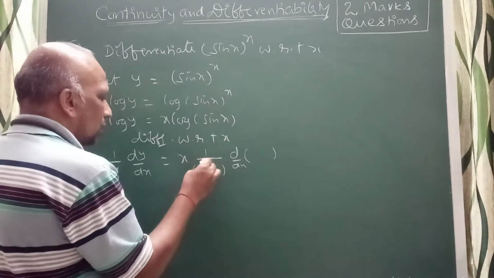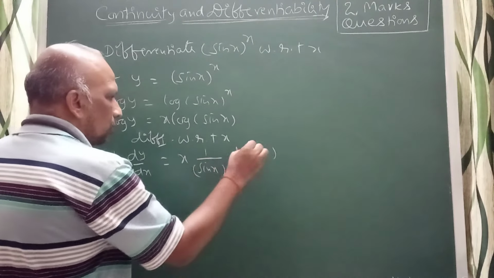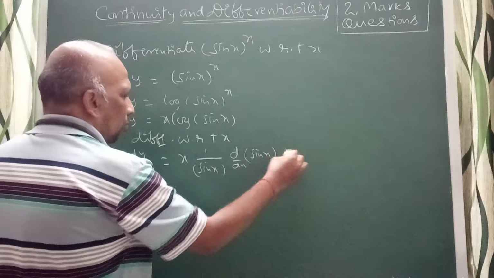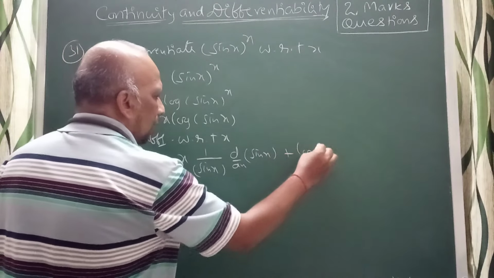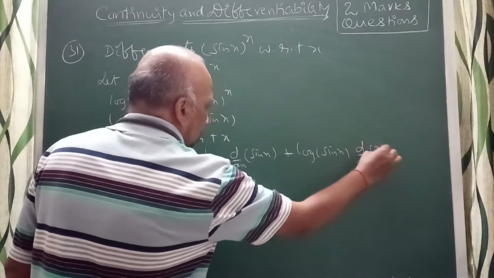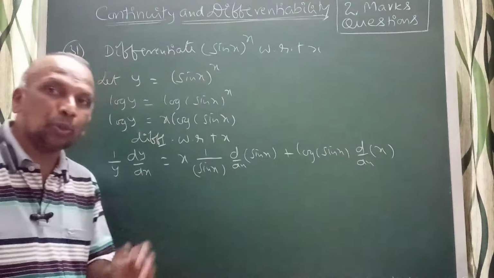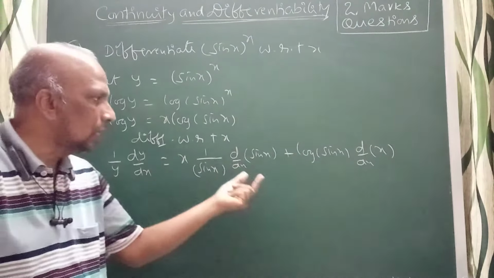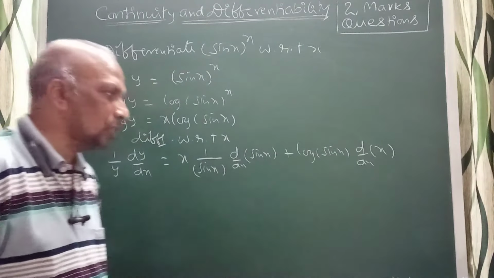Here what can I write? This is sin x plus log of sin x into dy by dx of x. I have taken product rule: first into derivative of second plus second into derivative of first.